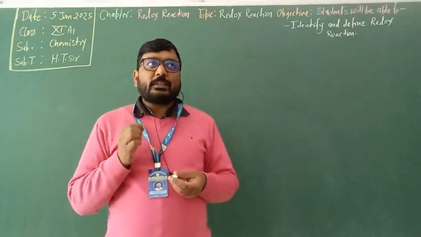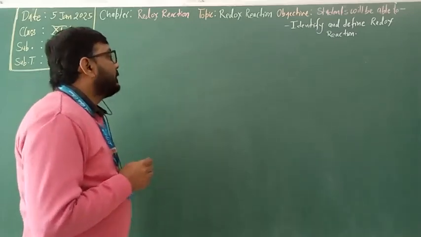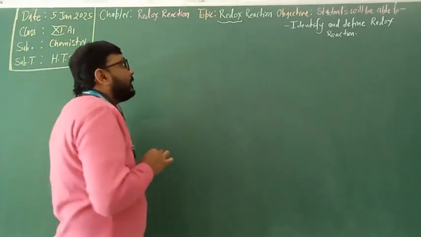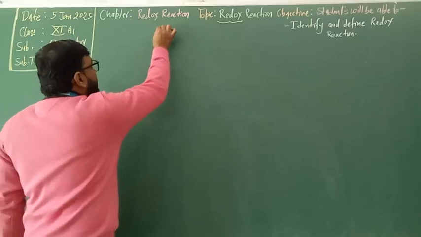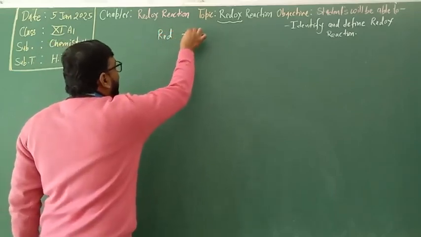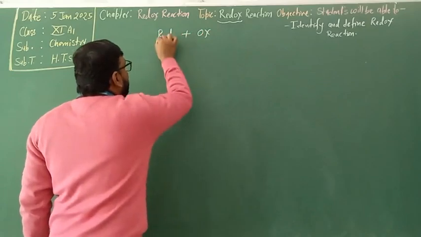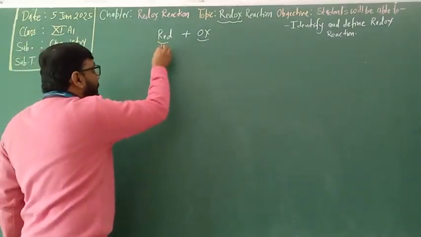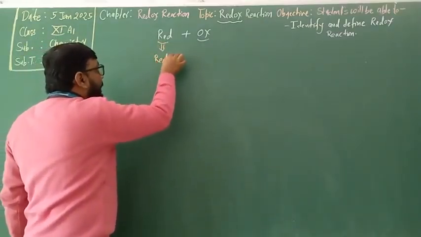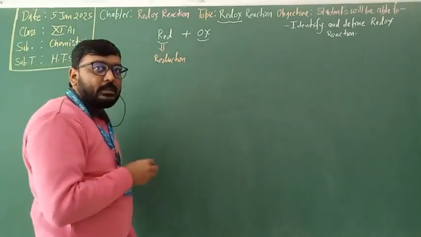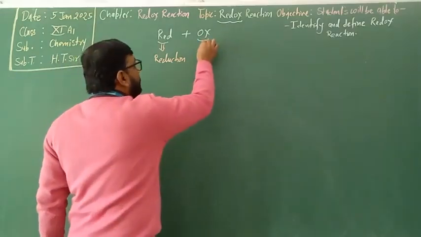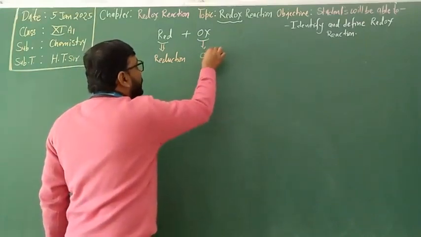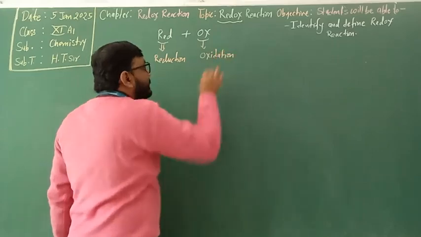When we think about the redox process, in this fascinating word, redox has two words. The first is red and then ox. The word red indicates the reduction process or reduction reaction, and the word ox indicates the oxidation process.